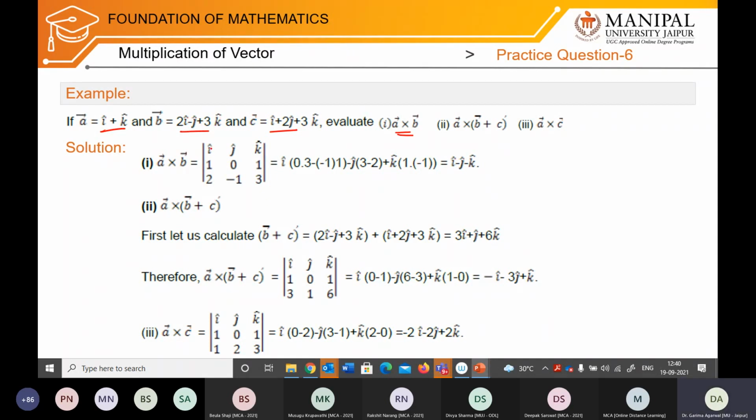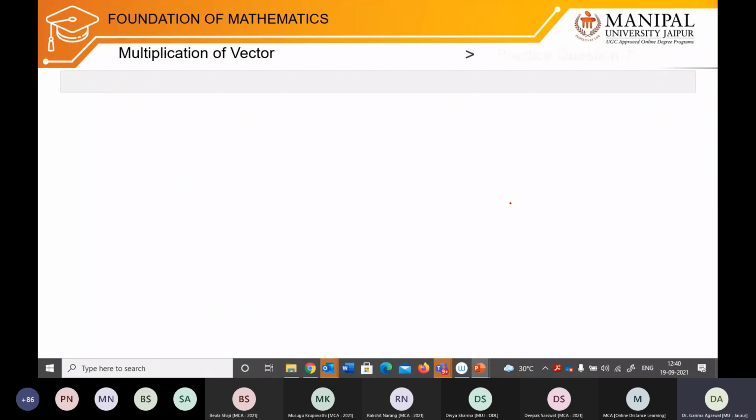Now for i cap, the coefficient is 0 into 3 minus minus 1 into 1. This dot means simple multiplication. Then minus j cap, 1 into 3 minus 2 into 1. Then k cap, 1 into minus 1 minus 2 into 0. So this is the cross product of a and b. Similarly, we can find a cross (b plus c) and a cross c.